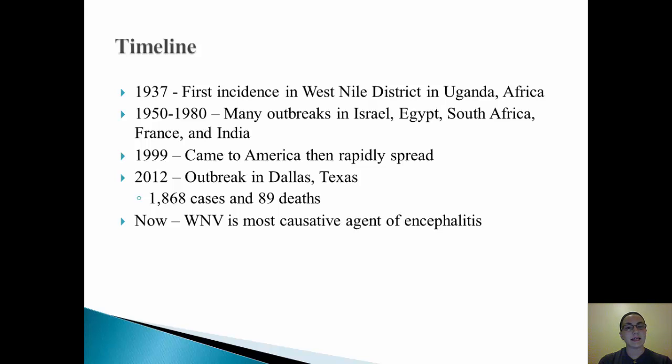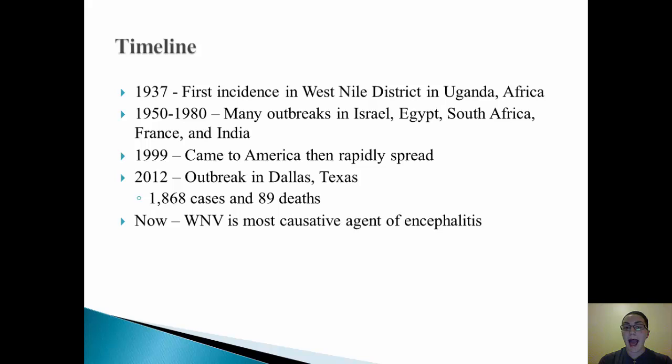The scientists who were testing her found a new virus, which was West Nile virus, and they named it after the location. Then from 1950 to 1980, there were many outbreaks seen in Israel, Egypt, South Africa, France, and India. However, it took a little bit of time for the virus to come to America, and the first place it was seen was in New York.